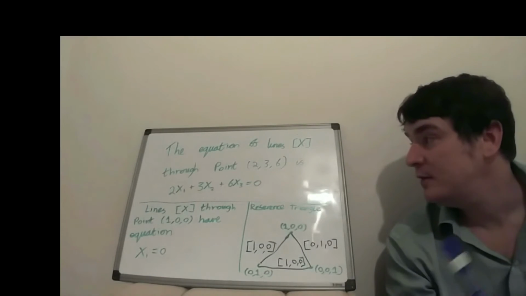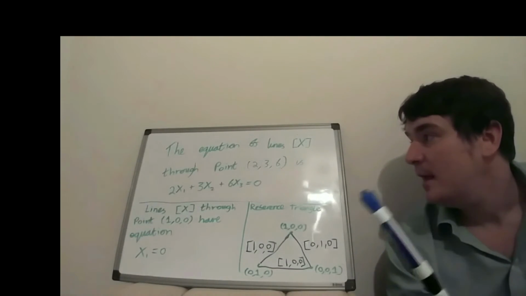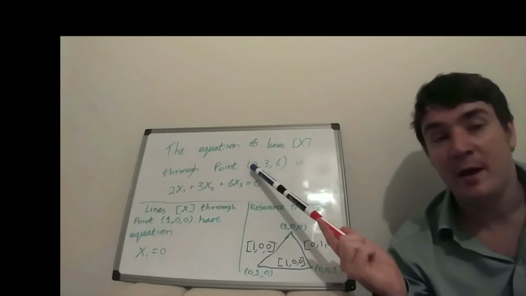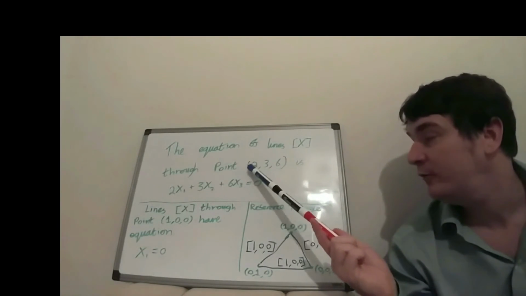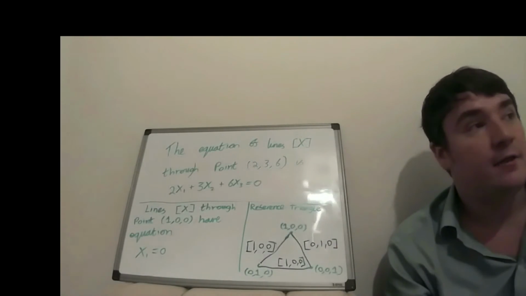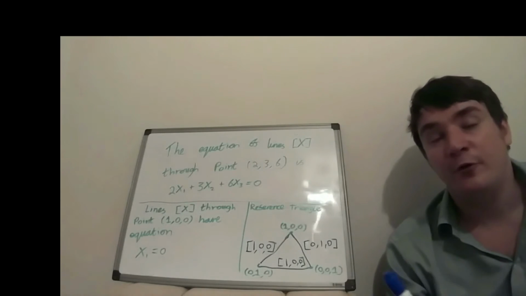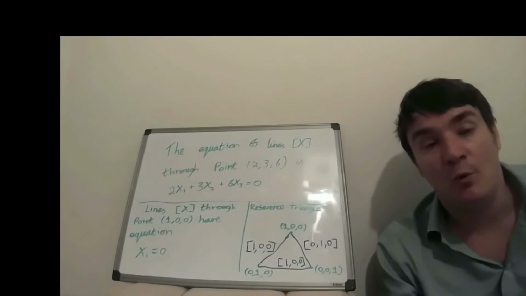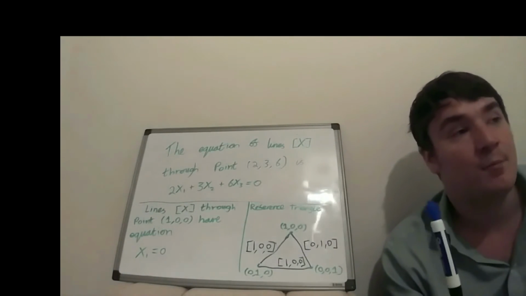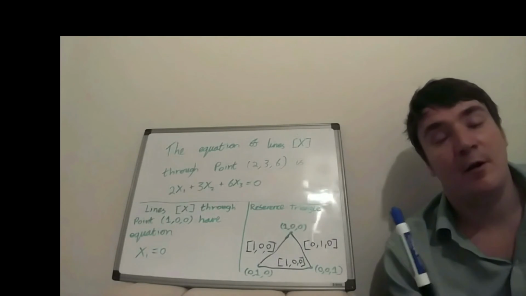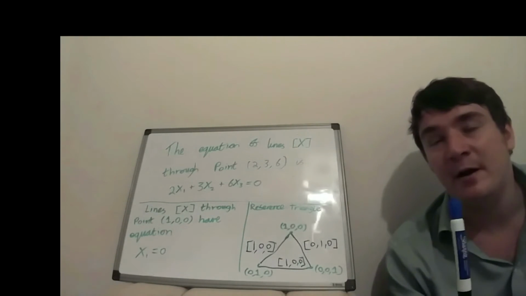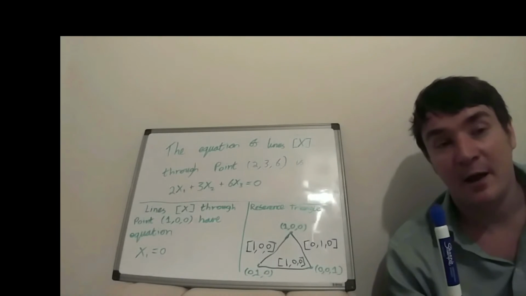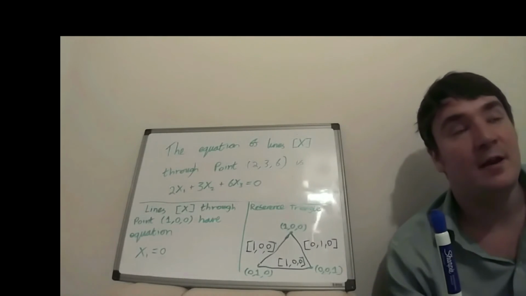Now, an interesting question, something for you to think about. If you have a point with particular coordinates, say 2, 3, 6, then what does the line look like that has the same coordinates, and how is it related to the point? I'm not going to go into this yet, but there's a very nice answer to this question, which has to do with polarities.